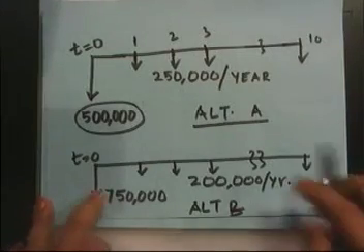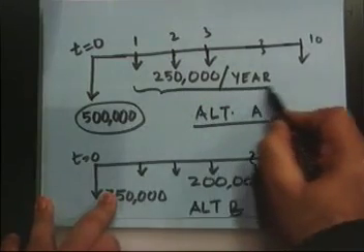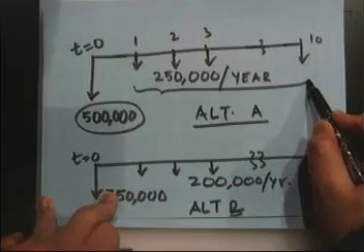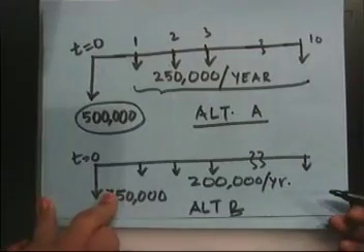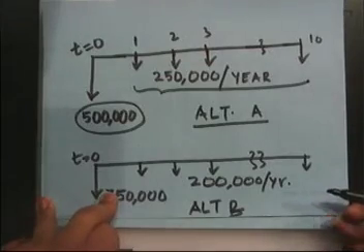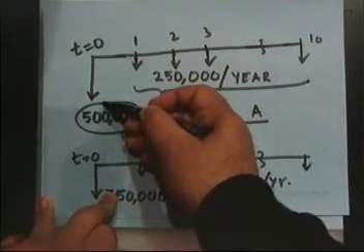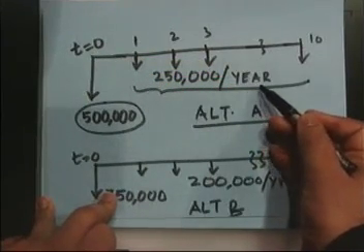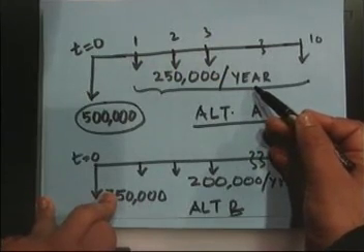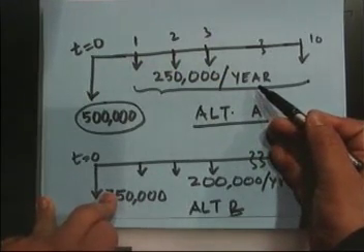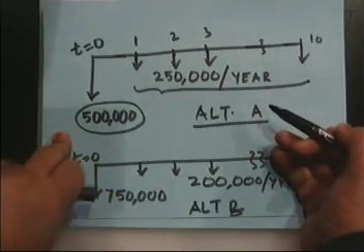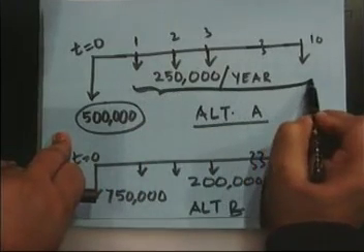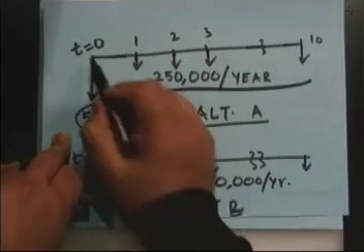Now, if I convert all these values, that is rupees 250,000 per year for the next 10 years, at time t equal to 0, I will simply add this 500,000 with the equivalent present worth of rupees 250,000 per year for the next 10 years. So, what essentially I am interested in is to convert these values at time t equal to 0.